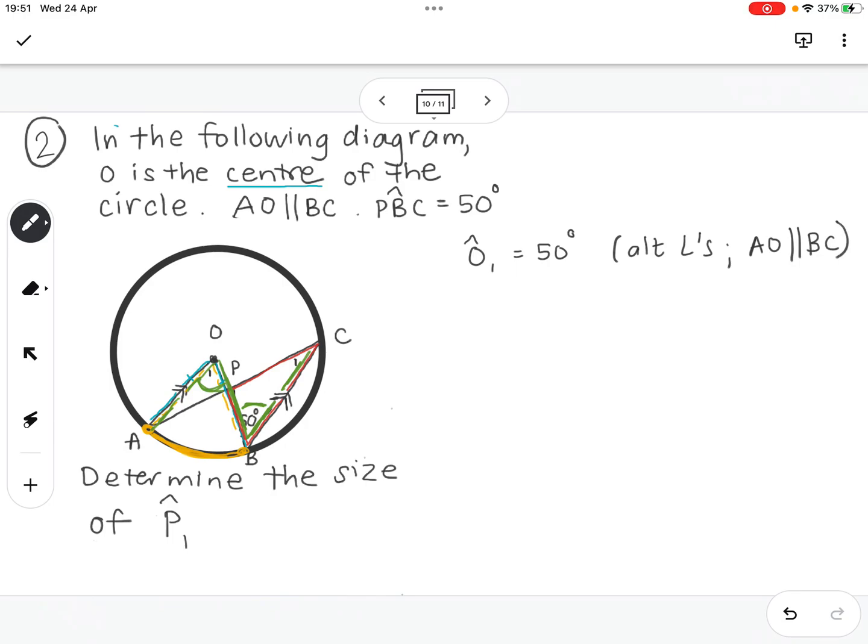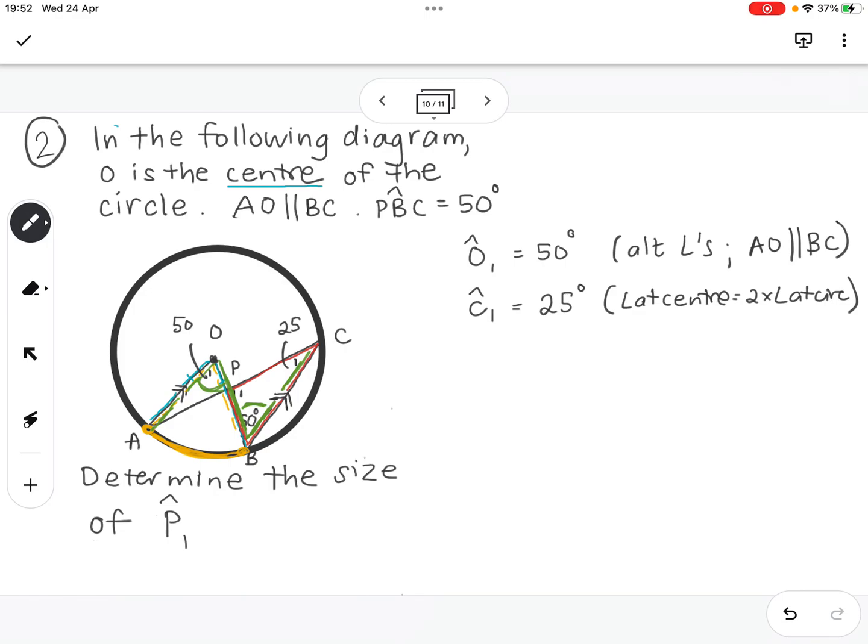And now that I know that O1 is 50, that's the angle at the center, I know that the angle at the circumference, C1, will be half of that, will be 25, because angle at center is twice angle at the circumference. So this is 25 degrees. This one is 50. So of the triangle that's in red, I have two of the three angles.